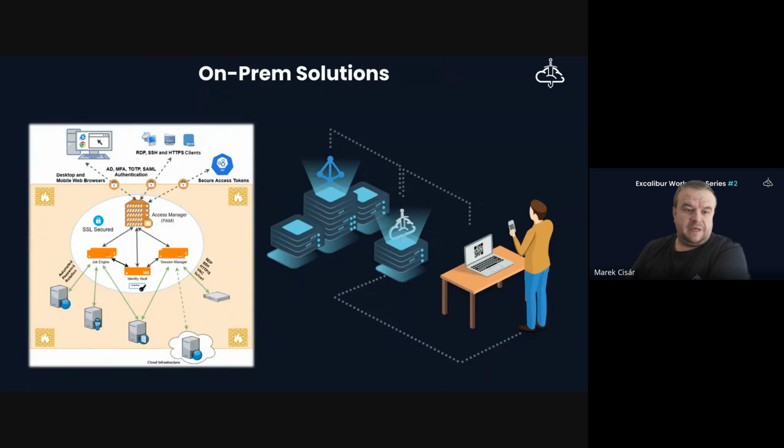I will turn on my laser pointer to show you more. Okay, so this picture tells us how the traditional vendors manage on-prem installations, and as you can see, it consists of a lot of different components.